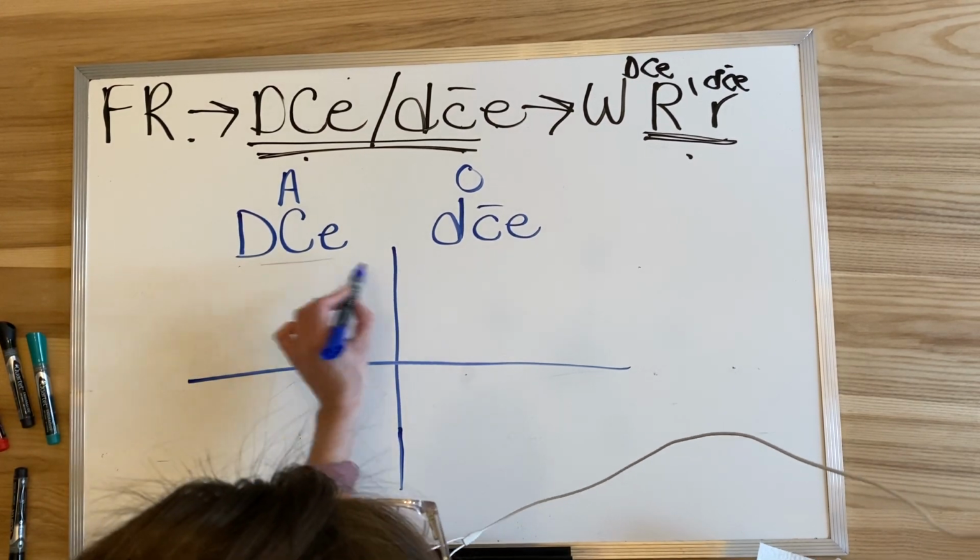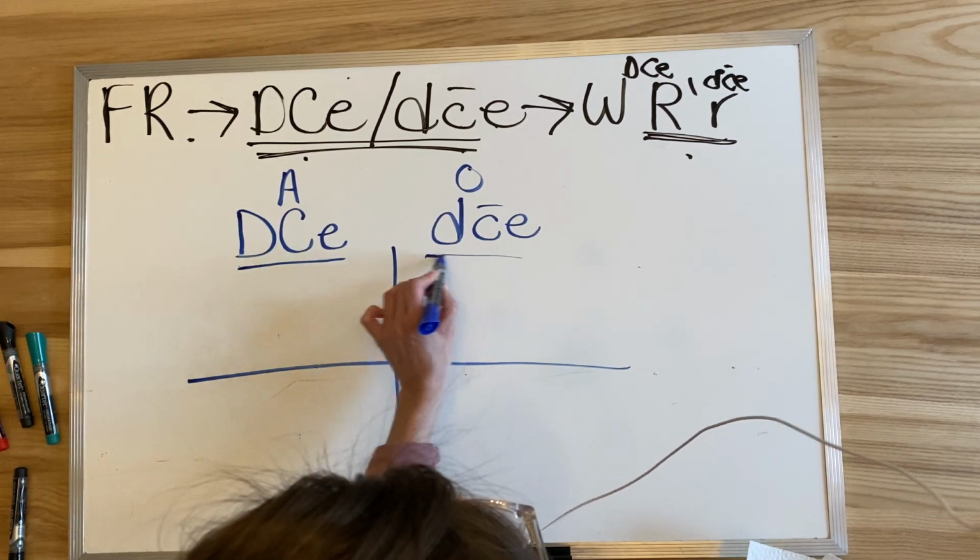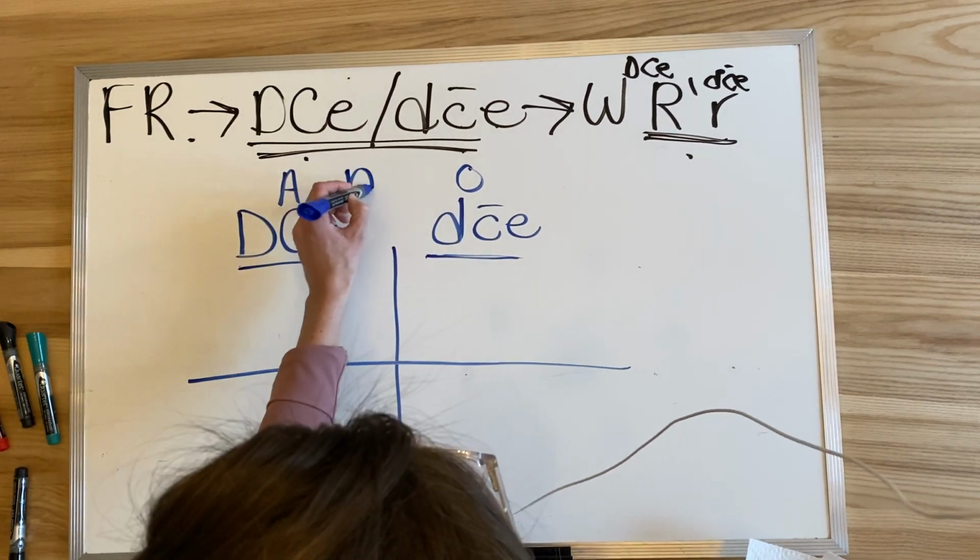We have them in groups of 3 now. Instead of just 1 and 1, we now have 1 with 3 and 1 with 3. So this is the mom.